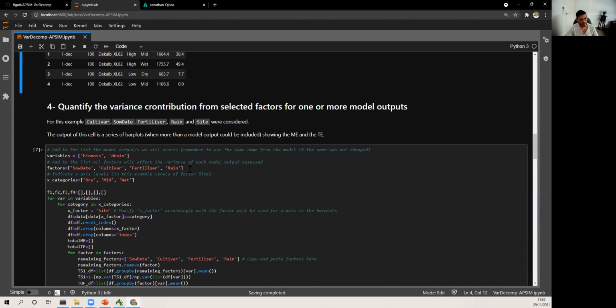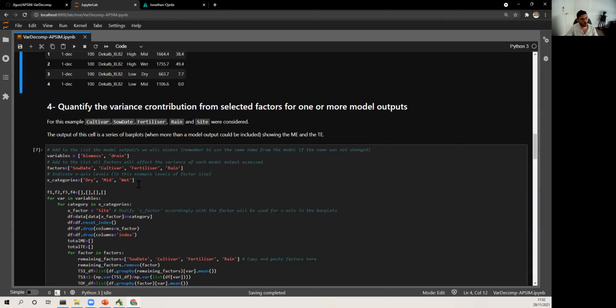Because we will analyze the contribution to the variance of these 2 variables for each of these 4 factors across environments. So basically, we will use the site today as an X variable to assess the contribution of these factors across environments. And you will see this easily later when we look at the plots.